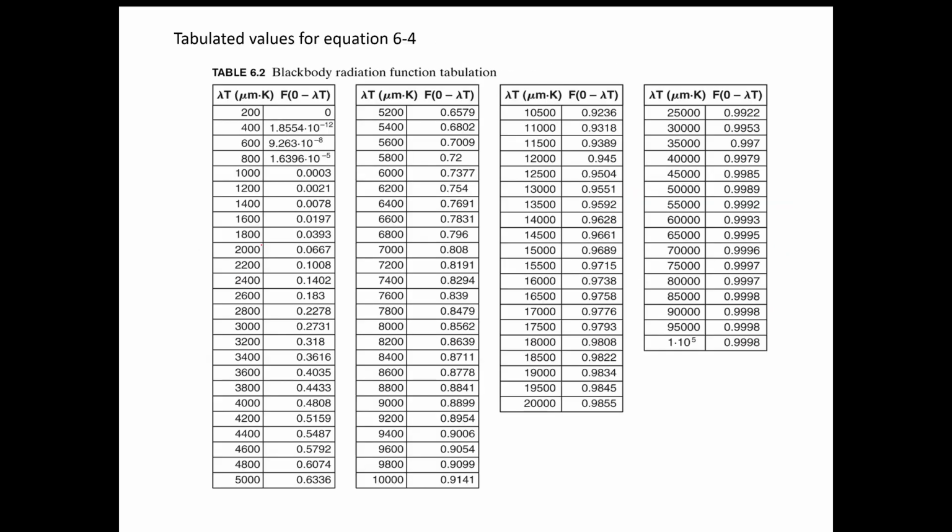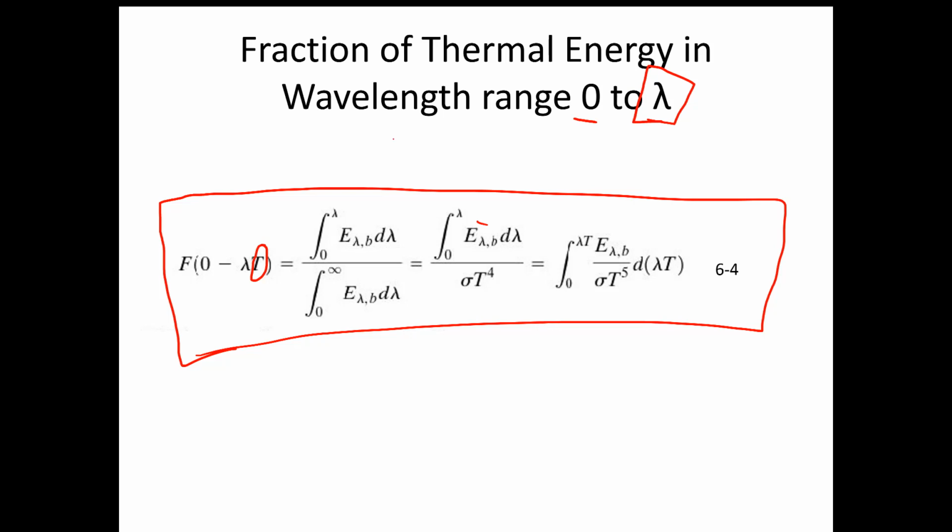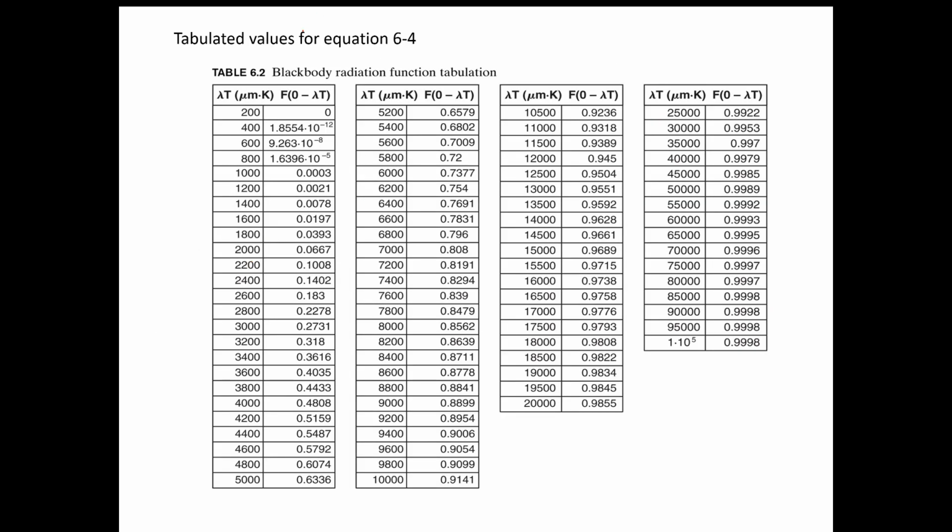And this is actually in your books. For the specific temperature, you would multiply that temperature by the wavelength, so you get a value of lambda T, in units of micrometers Kelvin. You would find that value on this chart.